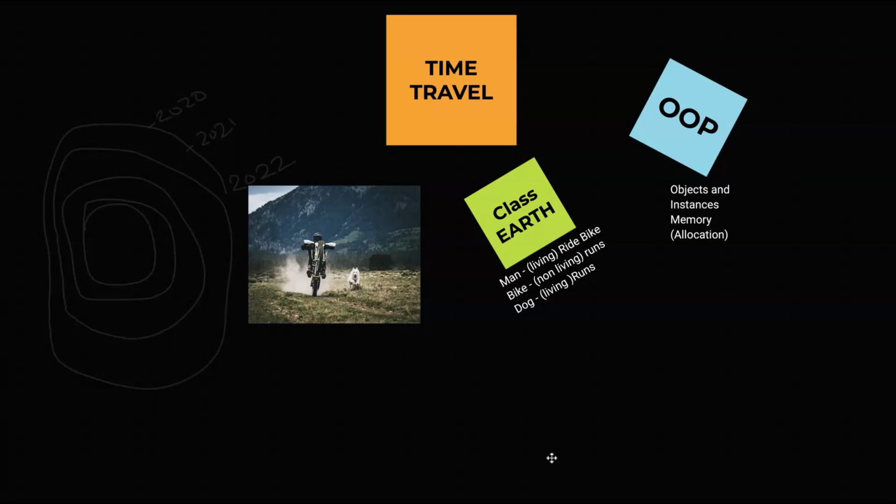Now let's come back to time travel, and let's say we have a class called Earth, and it has variables like man, bike, and dog. I've taken an instance: what happens if a man who is riding a bike hits a dog, and then he's haunted by the thought for 2 years, and right now he would wish to time travel and change the scenario.